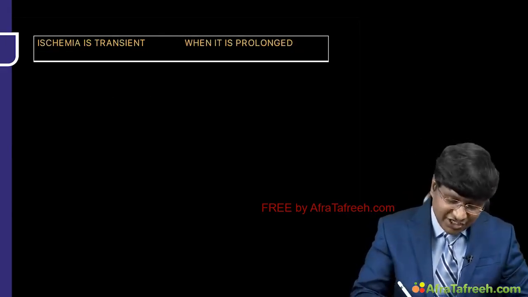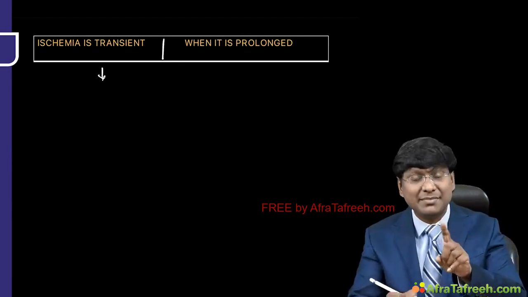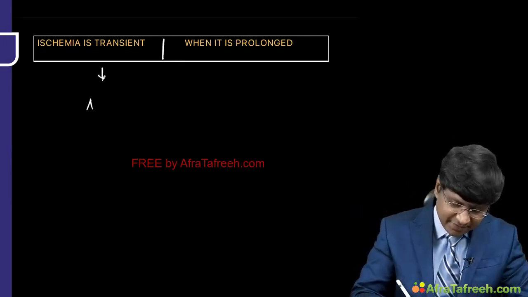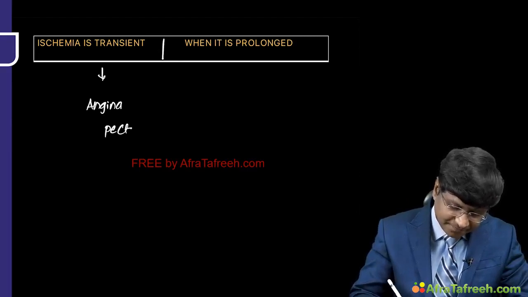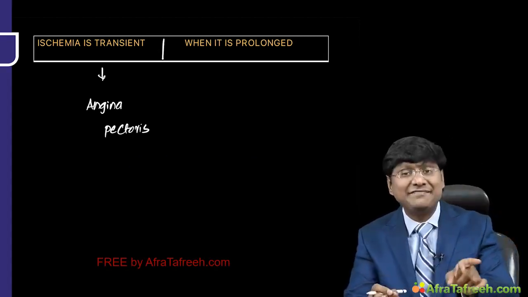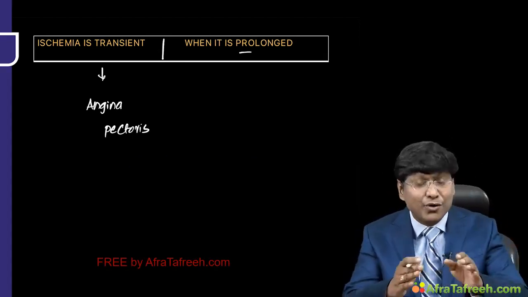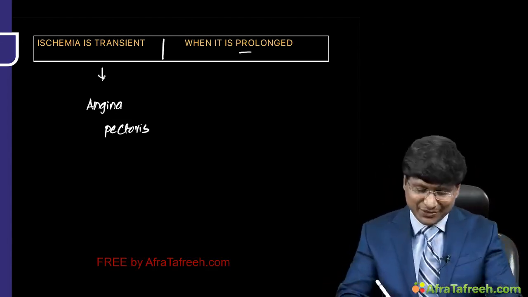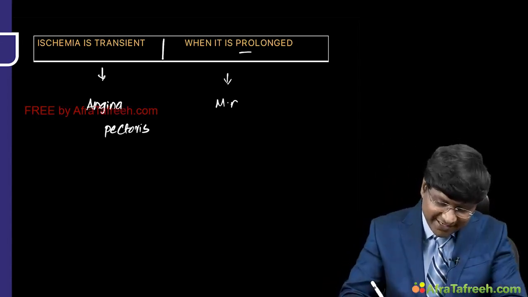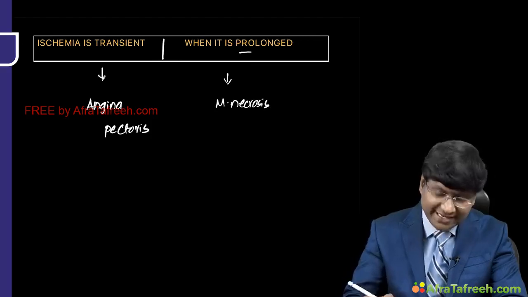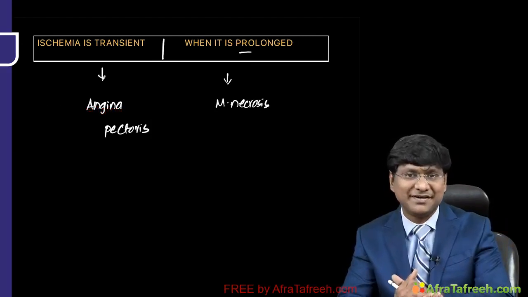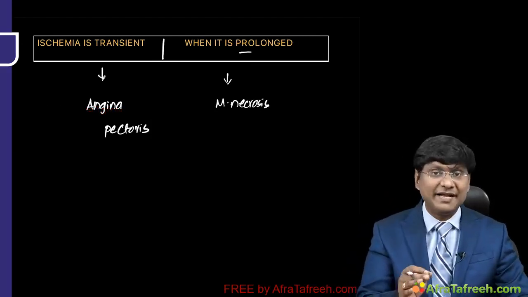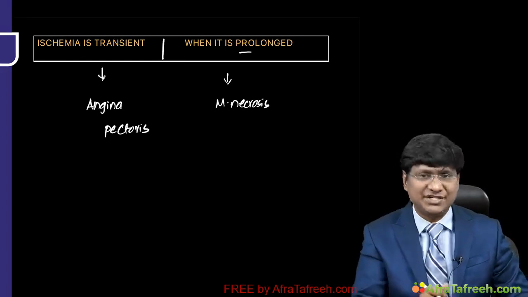So if the ischemia is transient, remember, it can be associated with development of stable angina or the angina pectoris. Whereas if this particular ischemia is prolonged, it can lead to myocardial necrosis and as well as scarring of the myocardium. Right? So that is what will happen depending upon the duration of the ischemia.